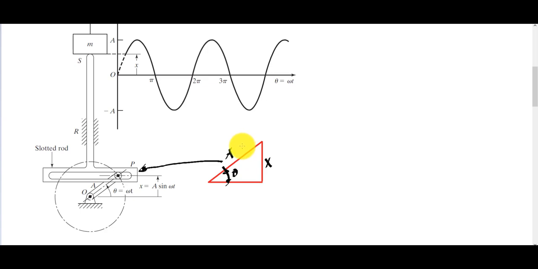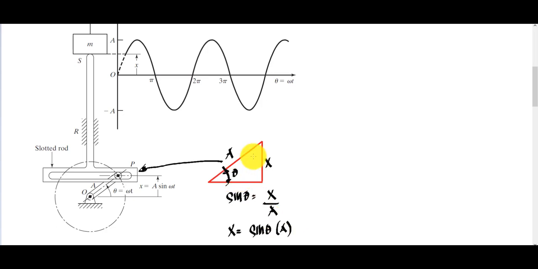Sine of theta is equal to the opposite, that will be x, divided by A. To get x, we have x equal to sine of theta times A.